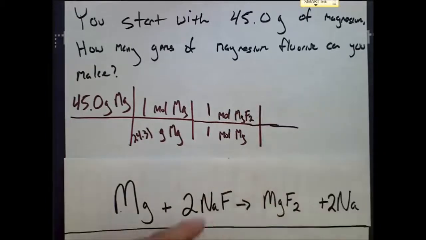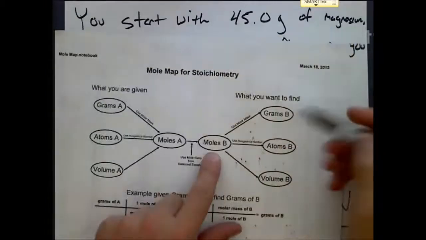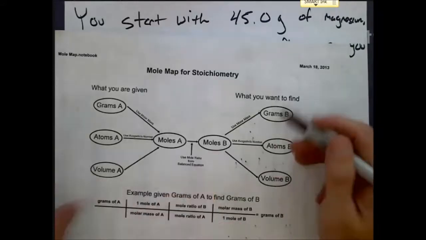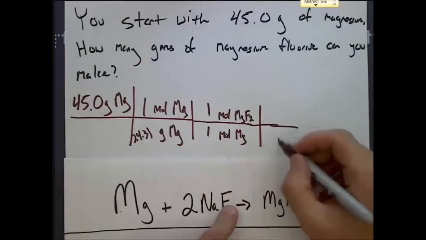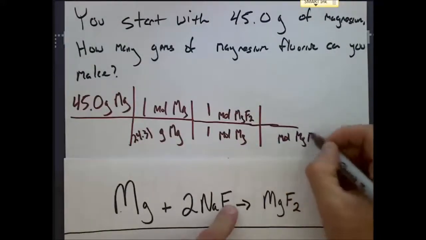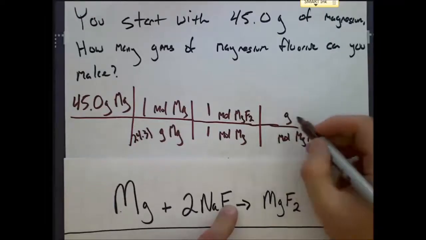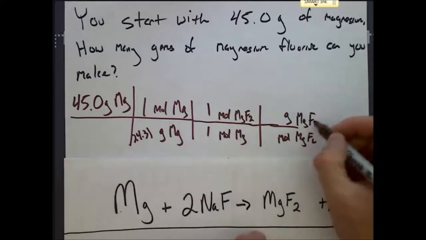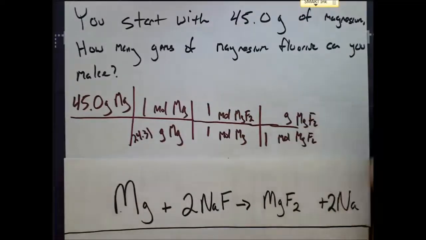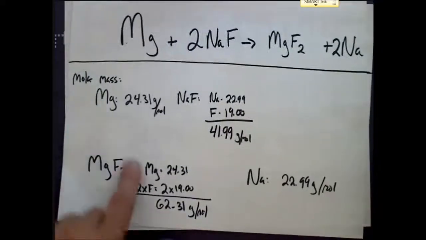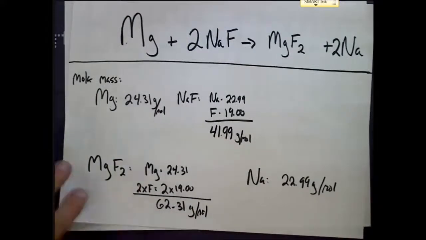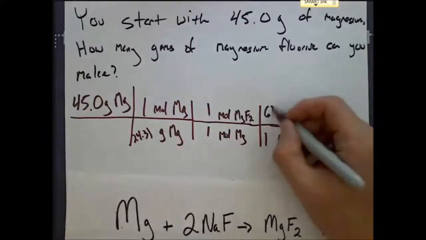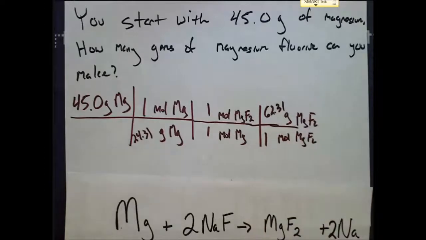Now, the mole map says we are here, and we need to be up at grams. Use the molar mass. So we cancel out moles of magnesium fluoride, and we want grams. You change the unit. The substance needs to remain the same. 1 mole of magnesium fluoride is a mass of, calculated here, 62.31 grams.